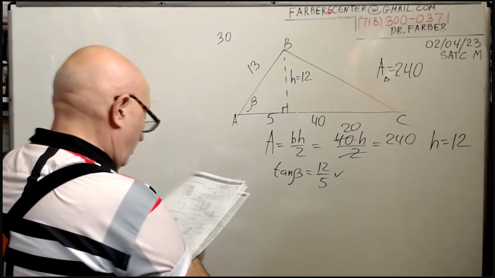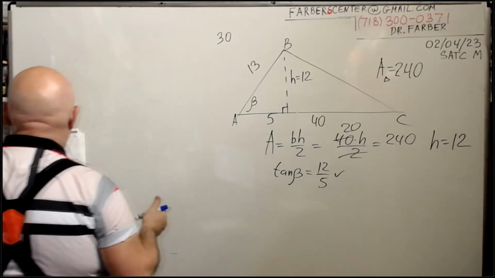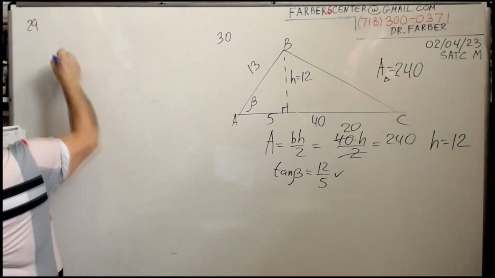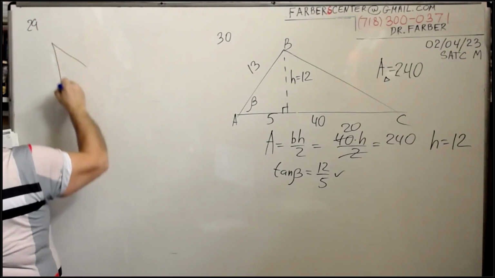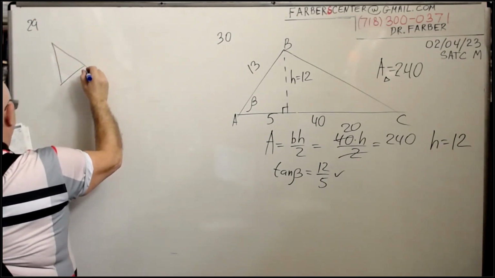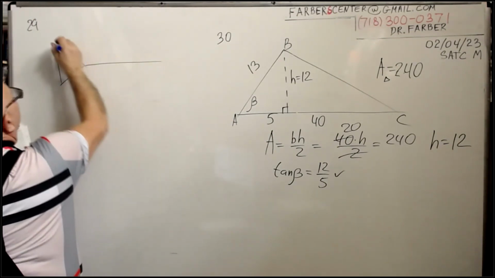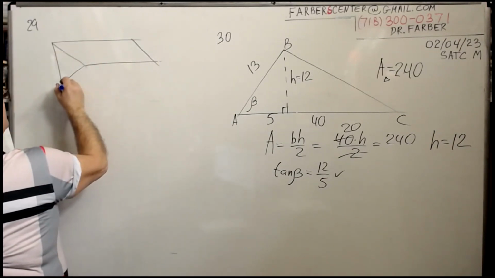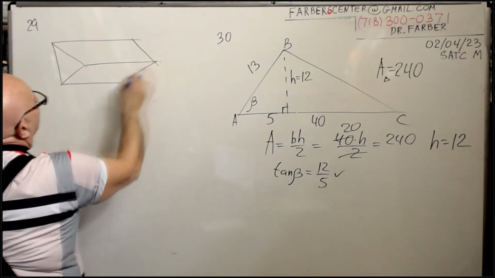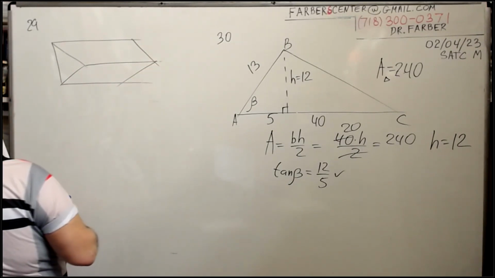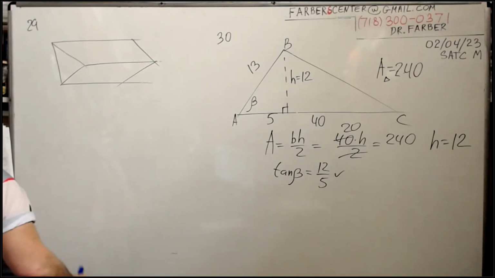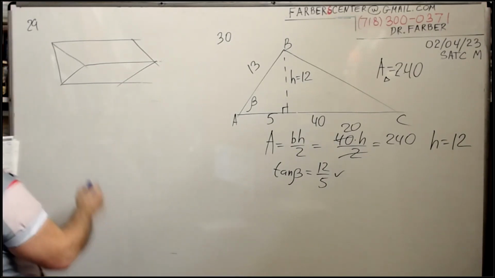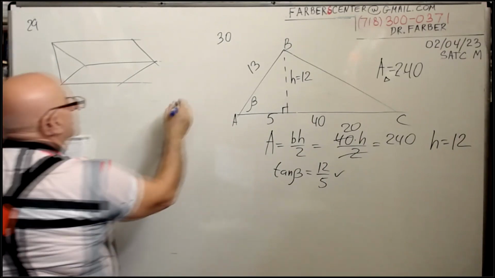29, what do we have in 29? Oh, I see, yes, 29 is it. It's like this. And a cross section of this, they give this cross section over there.